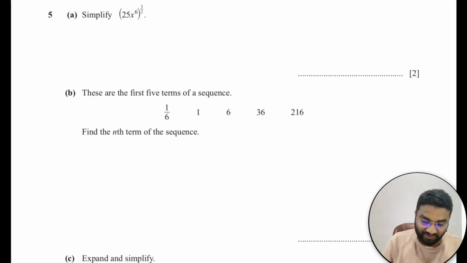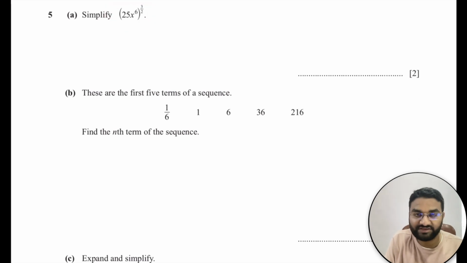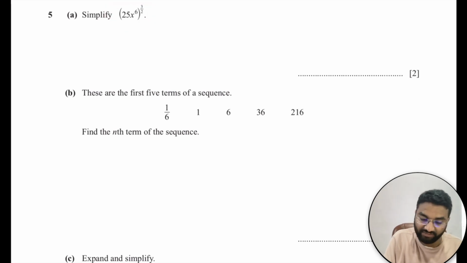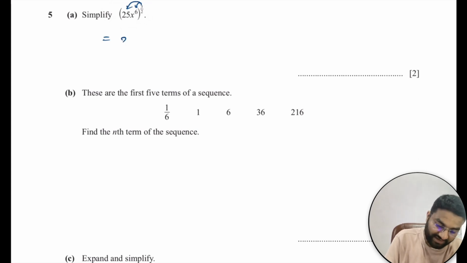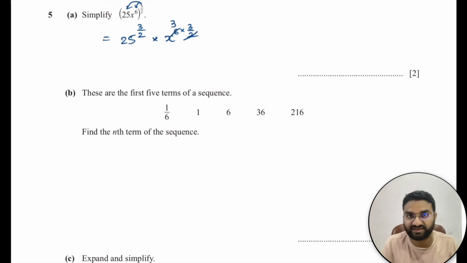So here we have to simplify in the first question 25 times x to the power 6, all raised to 3 by 2. Firstly you can distribute this 3 by 2 to each and every term in the bracket. So it's 25 raised to 3 by 2, and x to the power 6 times 3 by 2. Here 2 times 3 is 6.